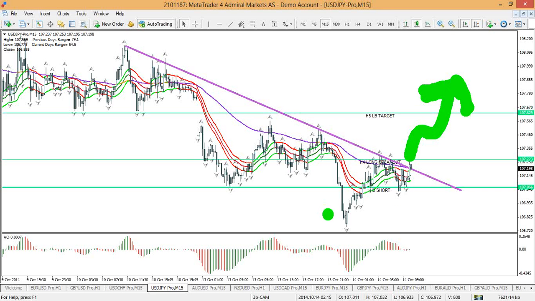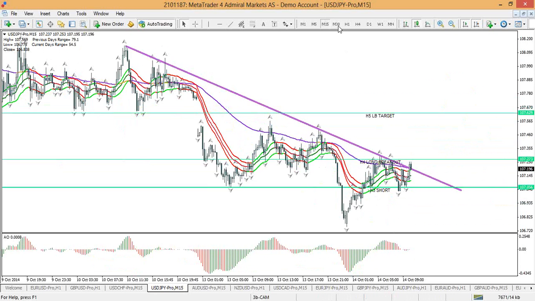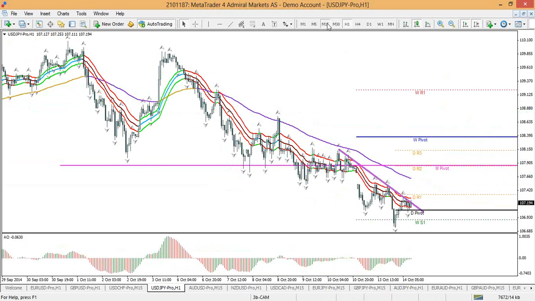The other method, as I said, would be to wait for the break and wait for the pullback. I probably would rather do the second, personally.